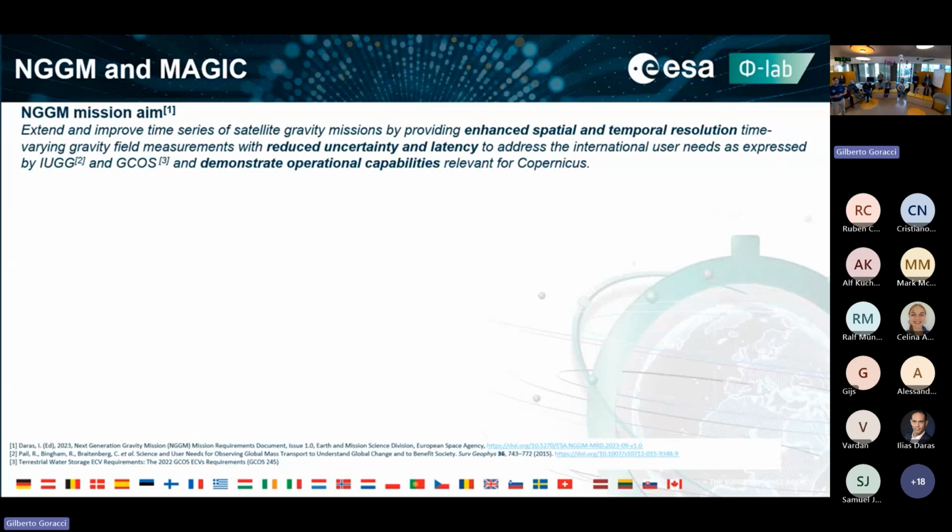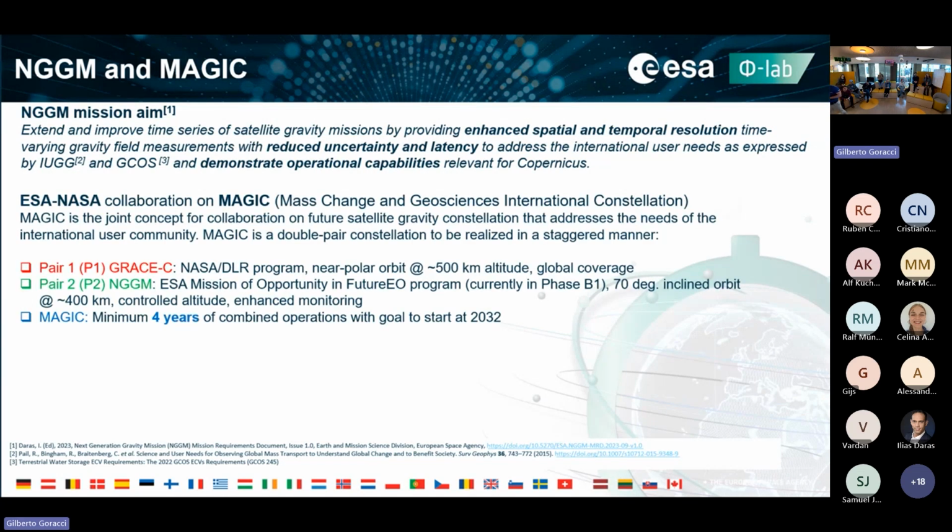So the ESA-NASA collaboration on MAGIC here is a concept mainly based on two pairs of satellite. So we have the first pair, which is GRACE Continuity. So basically, it's a program developed by NASA and DLR.